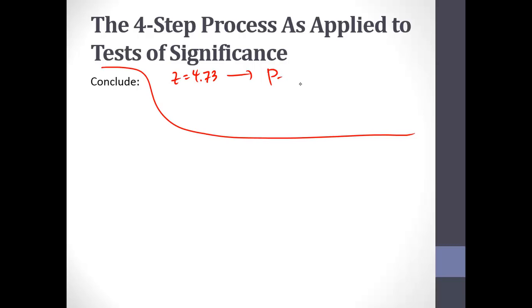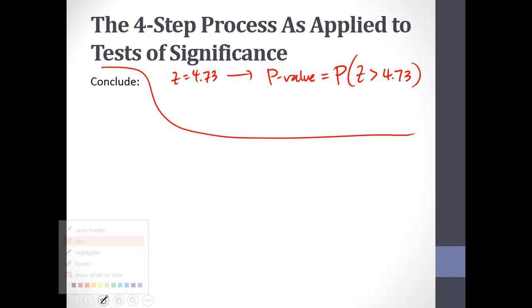So our p-value is going to be equal to the probability that a standard normal is bigger than 4.73. I get this because the alternative hypothesis was that mu was greater than 100, so the p-value is the probability that z is bigger than 4.73.